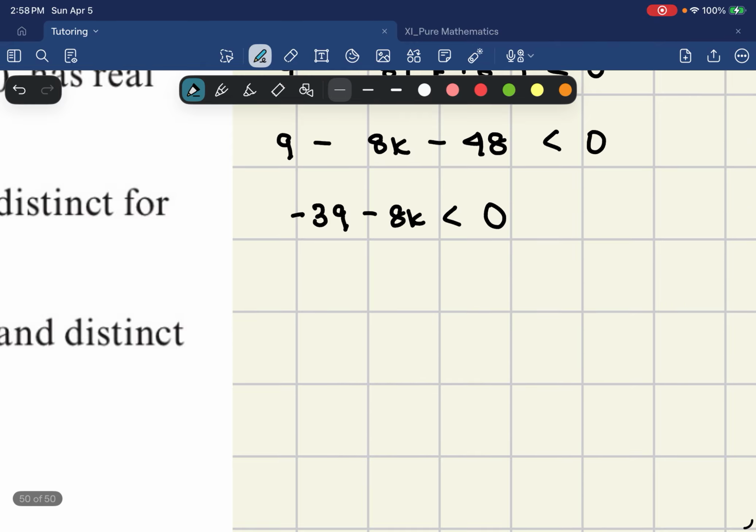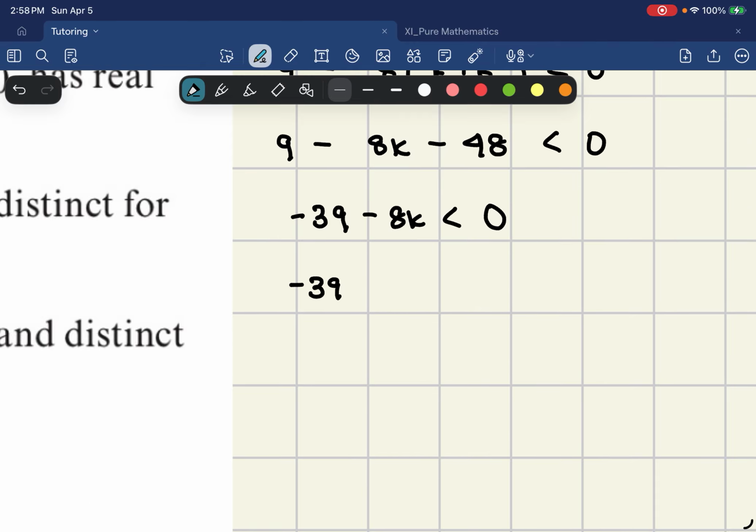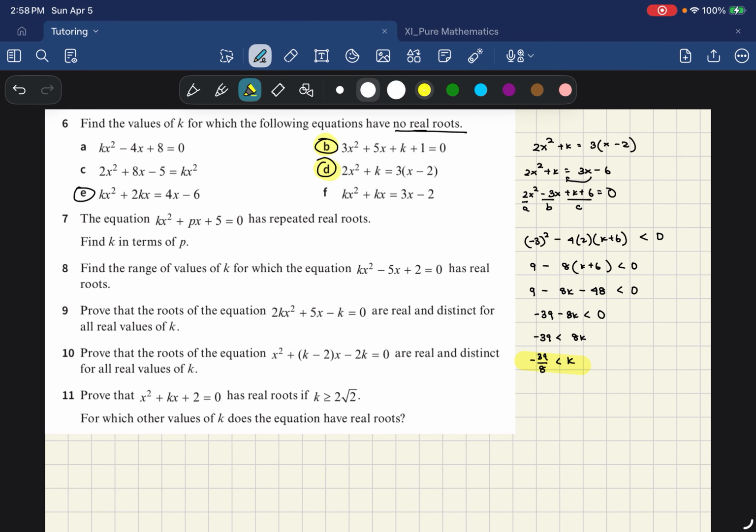So if I send 8k to the other side, negative 39 is less than 8k. And therefore, negative 39 by 8 should be less than k. So that should be your solution. Usually, it's better not to try to divide by negative numbers when you're dealing with inequality. So k bigger than negative 39 by 8 is your solution to D.